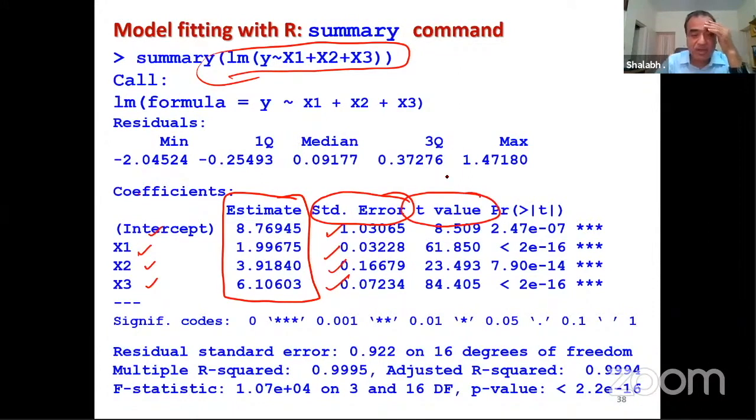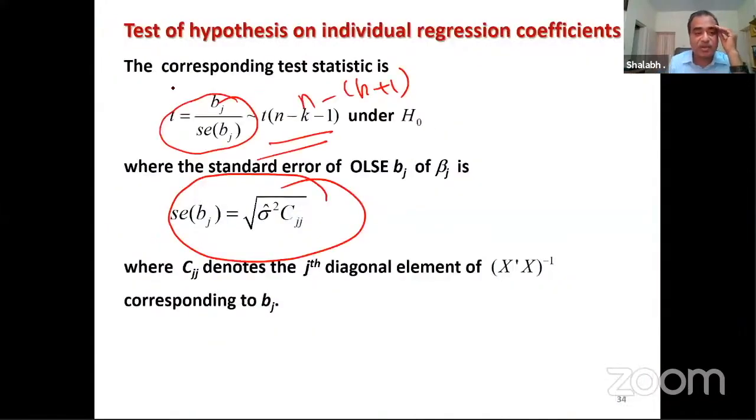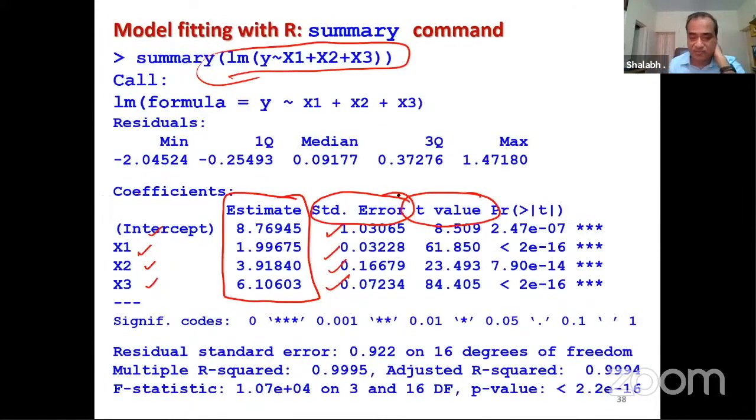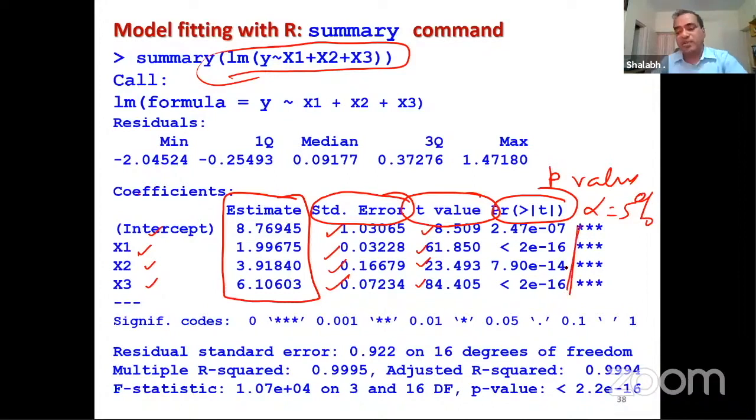Then after this, you can see here the t value. The t values are the same thing which you have written here. These are the values of the t statistics for the intercept term, for x1, x2, and x3, for beta 1, beta 2, beta 3 actually. And these are the p values. If you take alpha equal to 5% level of significance, which is the most common, you can see all these values are much smaller than alpha equal to 0.05.